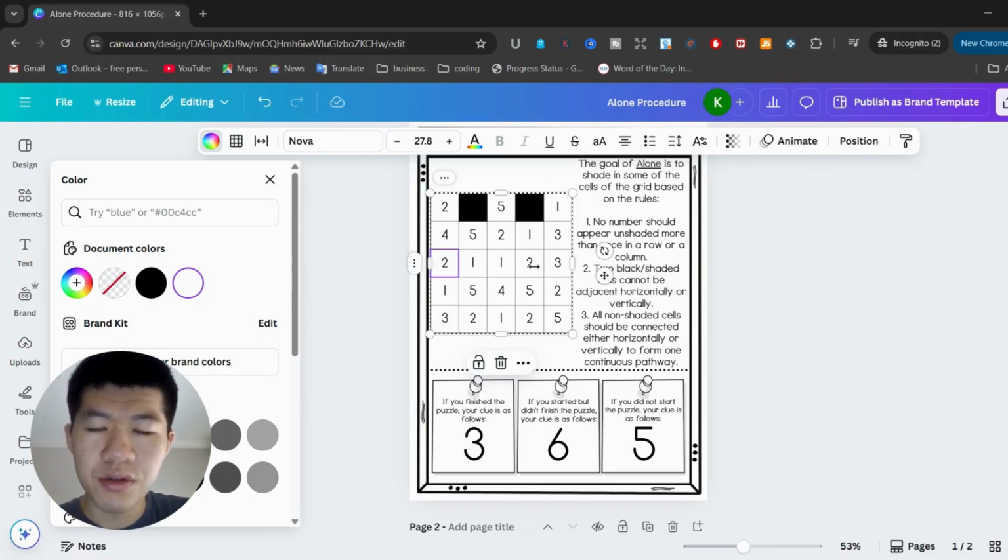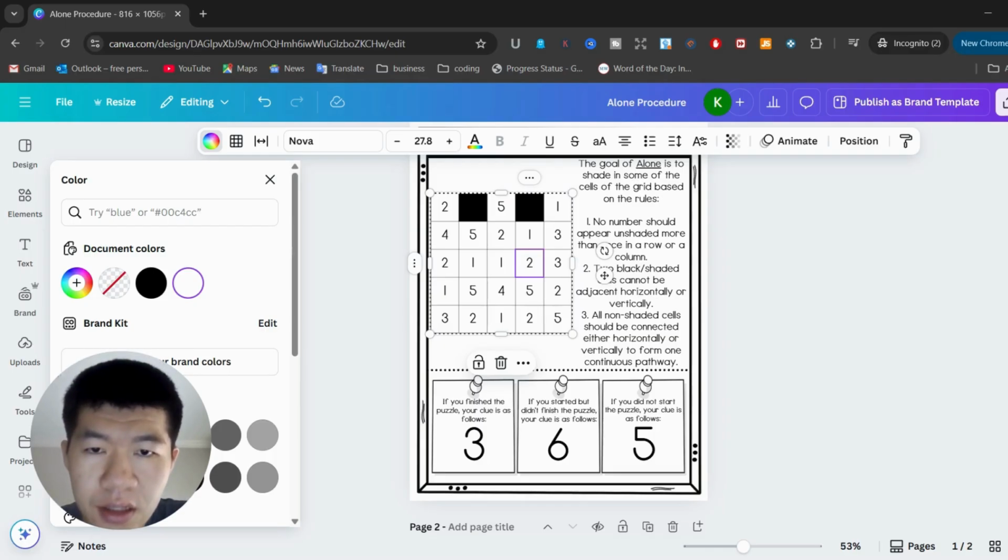For the twos, I could shade in this two, or I can shade in this two. So which one should I shade in? Let's see if there is anything that can give away any hint as to which one to shade in.